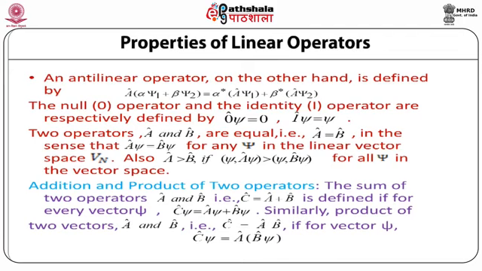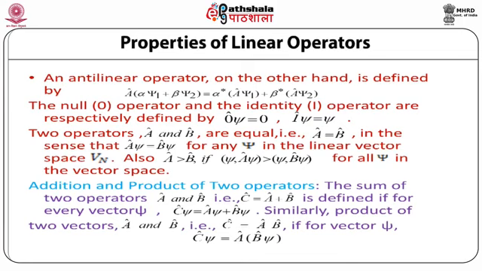Also, operator A is greater than operator B if the scalar or the inner product of the vector psi and operator A acting on psi is greater than the scalar or the inner product of the vector psi and operator B acting on psi for all psi in the vector space.